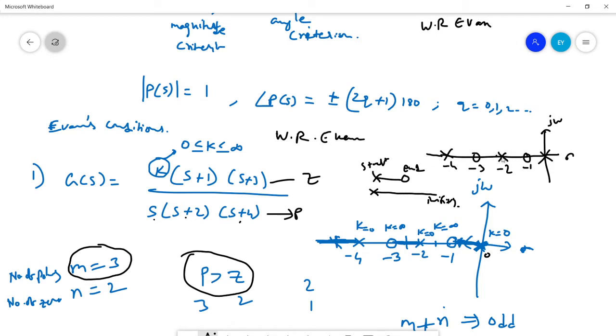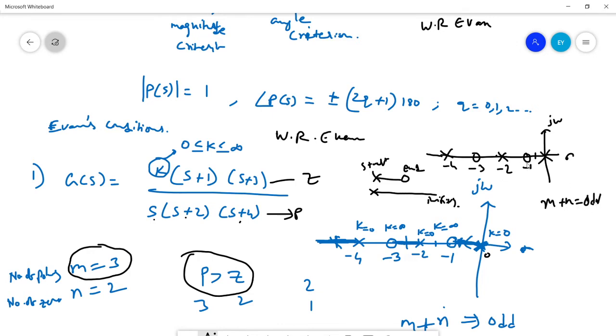The next step is to check the odd numbers on the root locus, using a test point. When you are standing somewhere on the real axis and looking towards your right side, the number of poles plus the number of zeros should be an odd number.